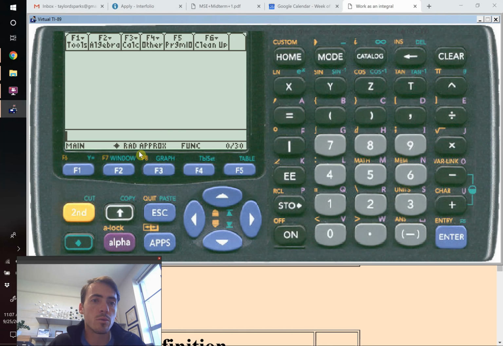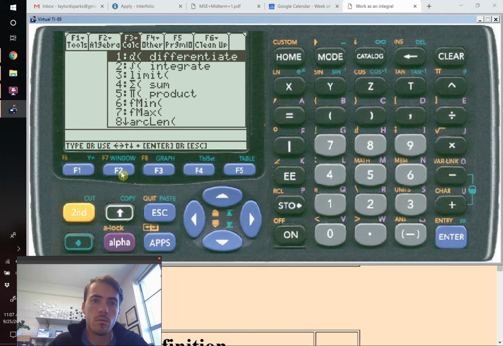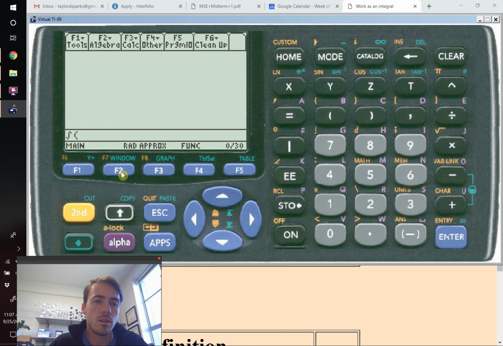So to do this, we're going to hit F3 and integrate over our force expression. So what's the force acting on a car? Well, it's equal to the weight of the car. Let's say it's 2,000 kilograms. So _kg, that gives us kilograms. We need to multiply this by gravity.